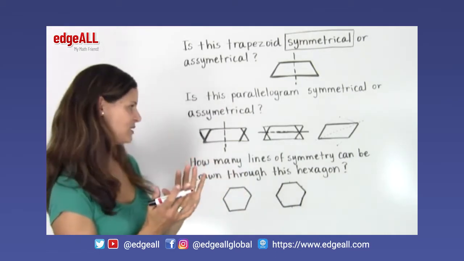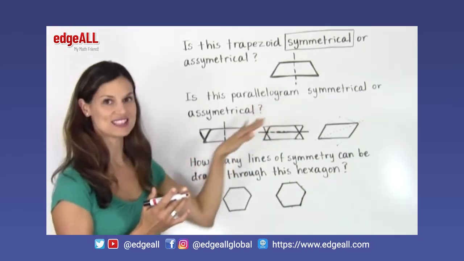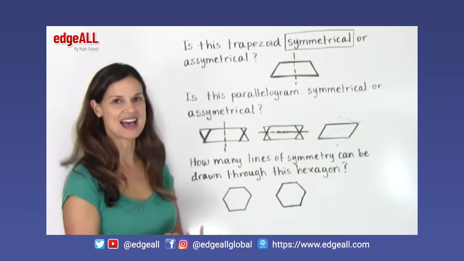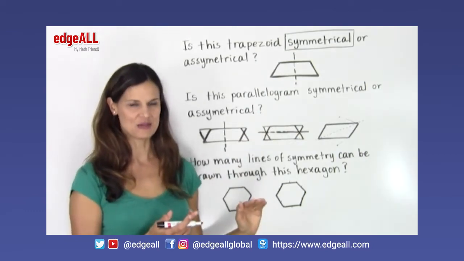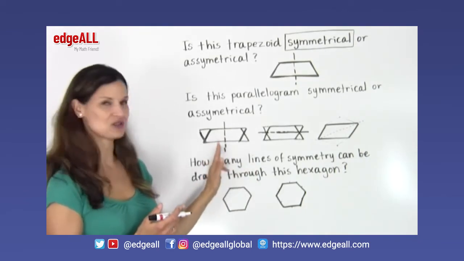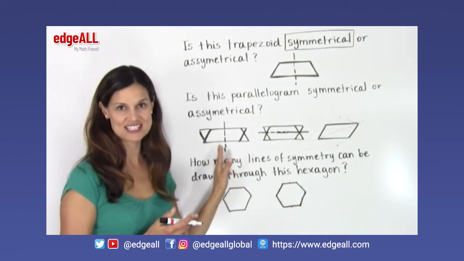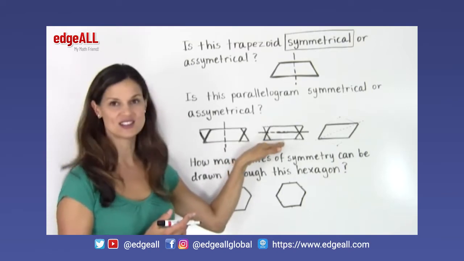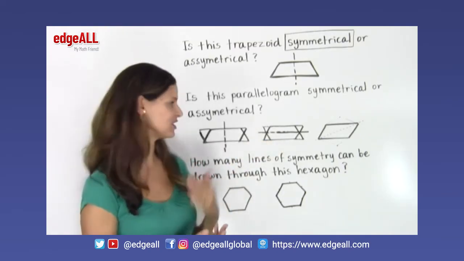They're not mirror images of each other on either side of the line that passes horizontally through the parallelogram either. So far I do not have a line of symmetry. The vertical line through the center is not symmetrical, and the horizontal line through the center is not symmetrical either.